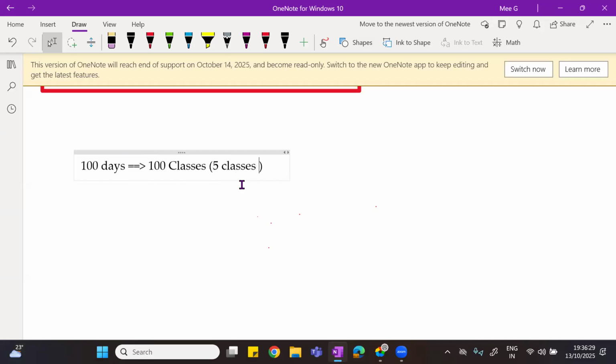Let's keep a buffer zone of 20 classes. So minimum 100 classes, and maximum approximately 120 classes overall.